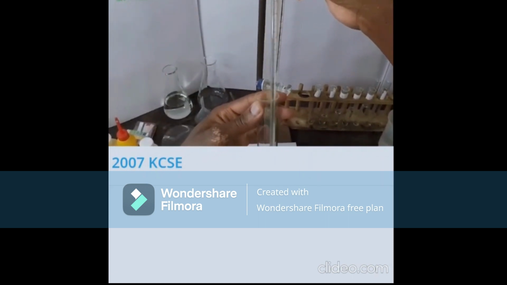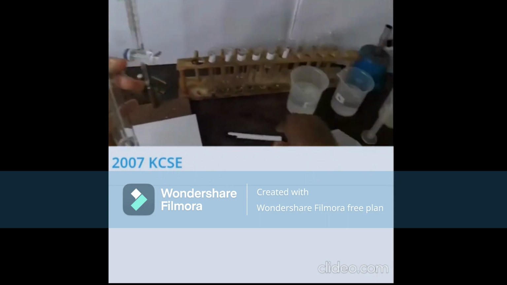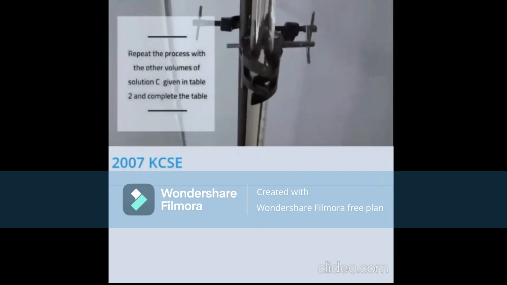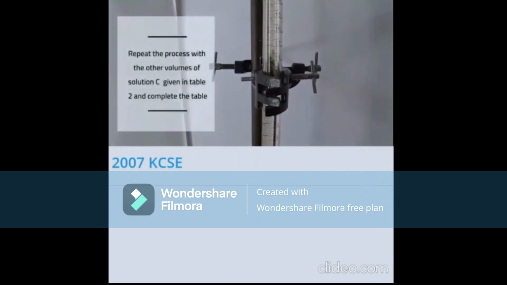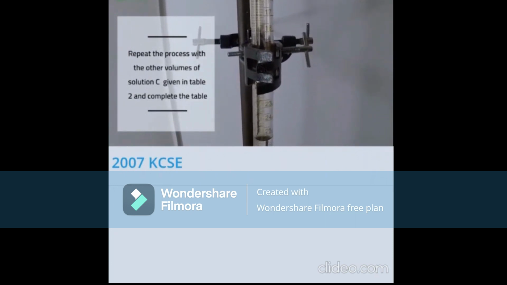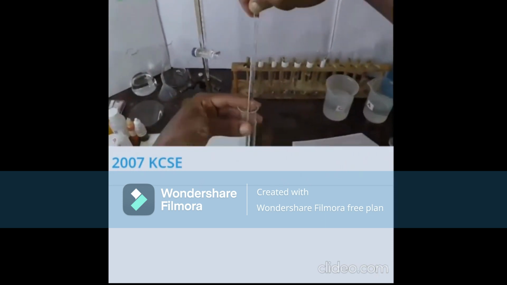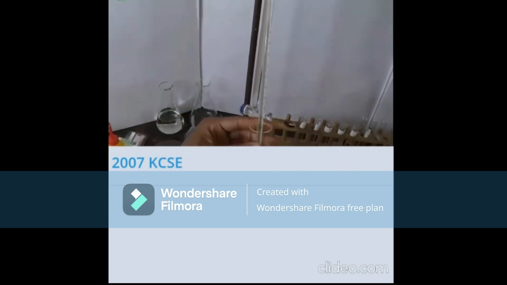Now you repeat the same for test tube 2, that is 4 centimeter cube of solution A and 12 centimeter cube of solution C. Why? For solution C we started with 14, now we should go to 12. For solution A we started with 2, we go to 4. Solution A we increment, solution C we decrement.